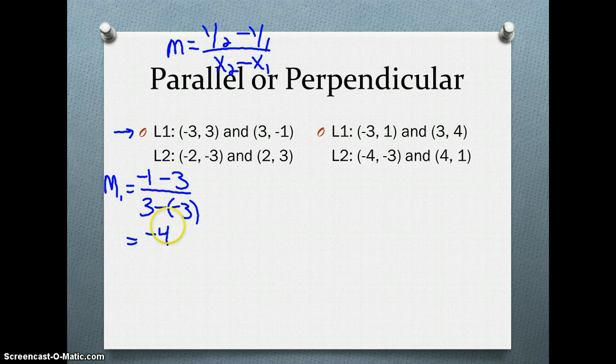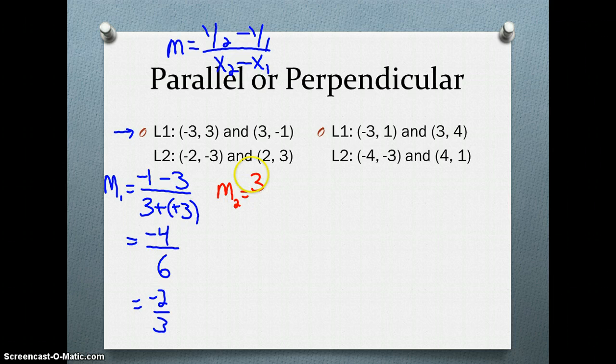I get negative 4 over, it's negative 1 minus 3 is negative 4. I get 3 plus 3 gives me 6. This simplifies to negative 2/3. All right? So now we check out line 2. We have to find the slope there as well.